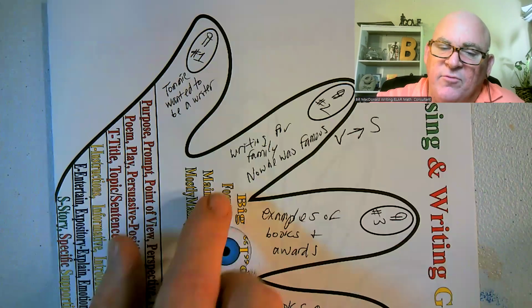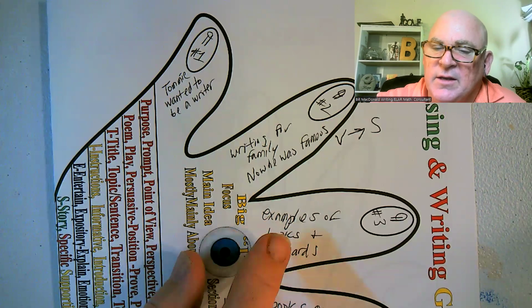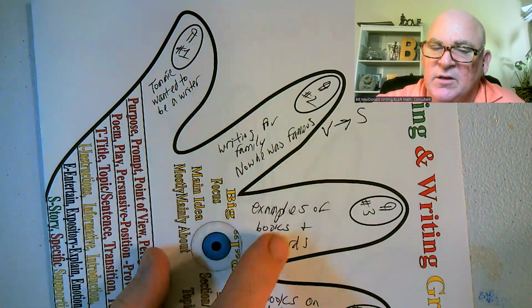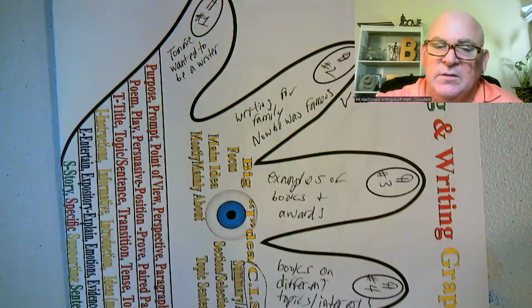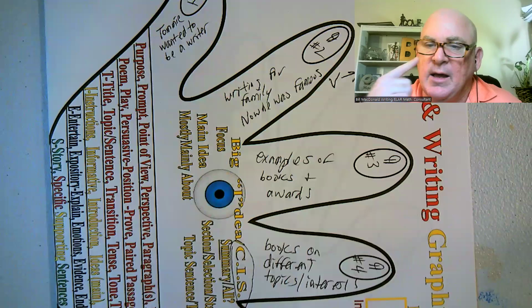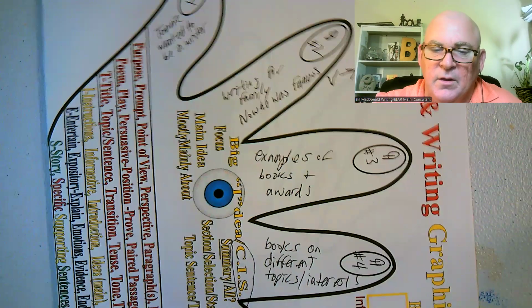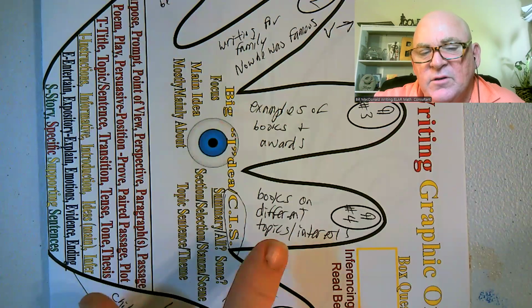Okay. Paragraph 3, where it's examples of books and awards, books he wrote and awards he received, not anybody else. He's the focus. He's the central idea. He's the topic. Paragraph 4, he wrote books on different topics.